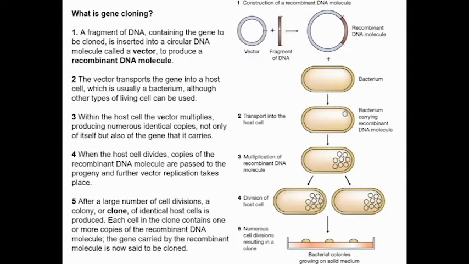Once you cut with the same restriction enzyme, you open up the vector DNA so that you can ligate this piece of DNA into the vector and produce this recombinant DNA molecule. Then you introduce this DNA molecule into the bacterial cell, and this process is called transformation.